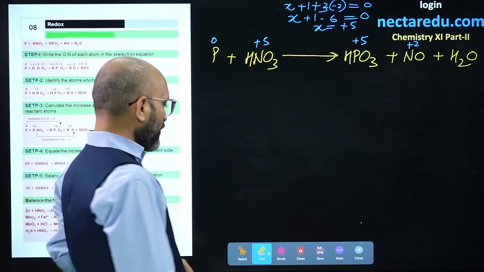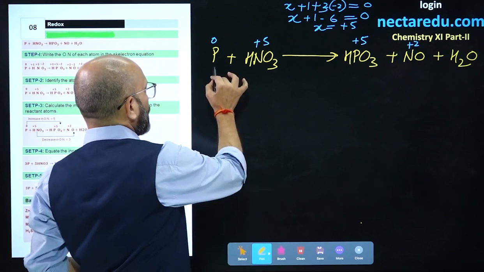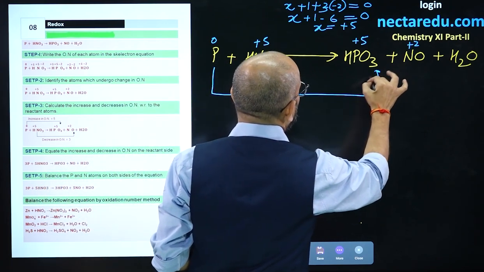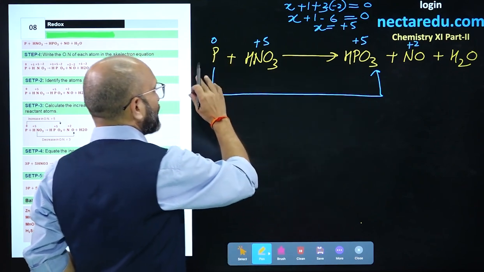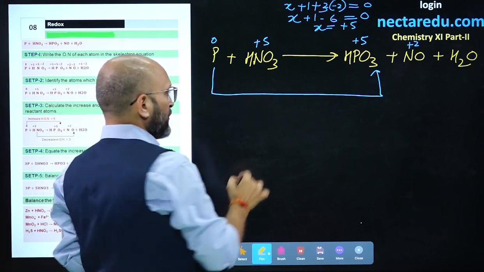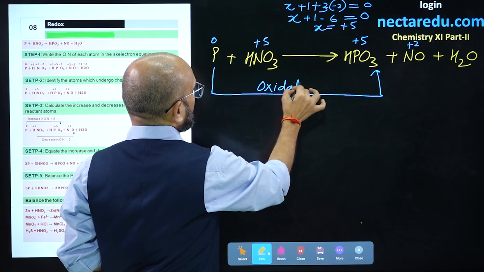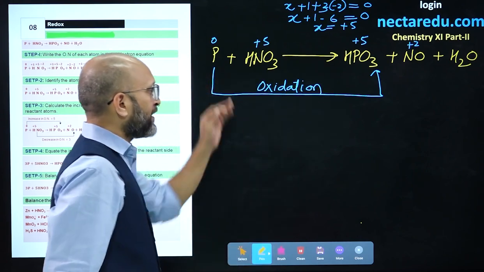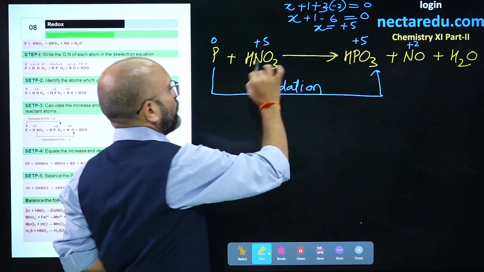Now what you have to do is check that phosphorus is going from 0 to plus 5 oxidation state. So increase in oxidation number is happening, which means that oxidation is happening. Phosphorus is undergoing oxidation. And from nitric acid to NO formation, nitrogen goes from plus 5 to plus 2.